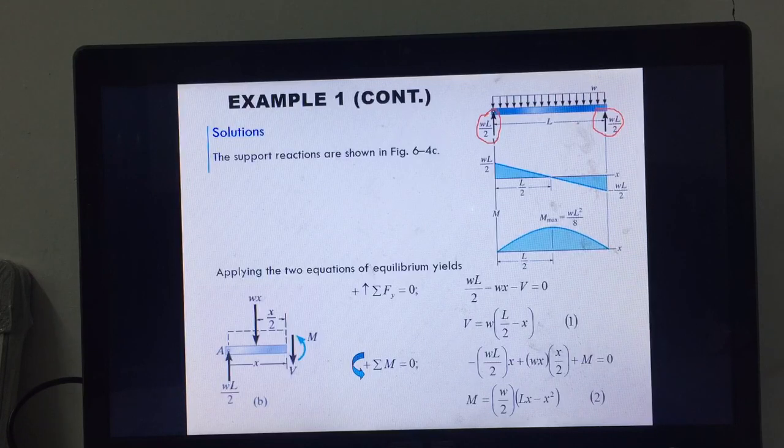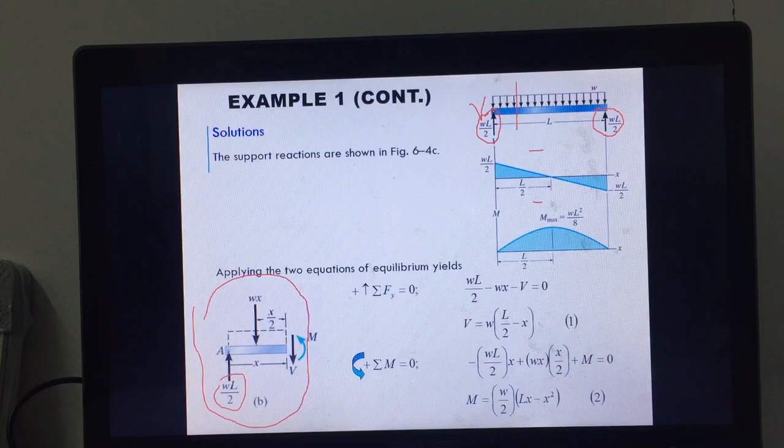After we do that, we try to write the functions. Just ignore this for a while. How do we find the function? What we have to do is cut like this, and then take the left or right portion. For instance, we take the left portion here. What we have is point A, with the support reaction WL/2 going up.